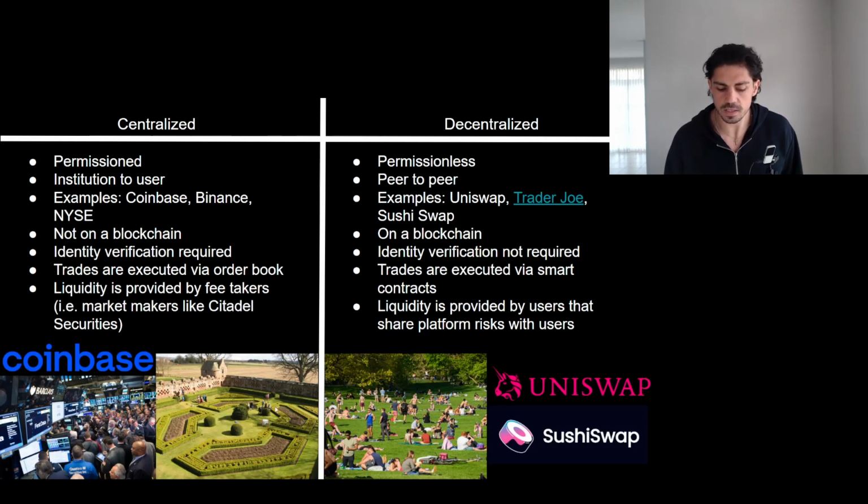A centralized ecosystem requires you to be verified at the wall, to buy a little ticket to get in, right? To show your ID. And in a public park, you just walk in, you have the link to the Google Maps, the link to the website, you're in. Okay. So another way of thinking about that is permissioned versus permissionless. I'm sure you've heard that word permissionless thrown around in the world of decentralized finance or decentralized exchanges.